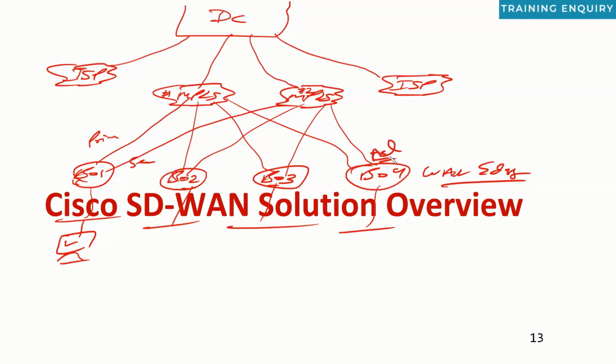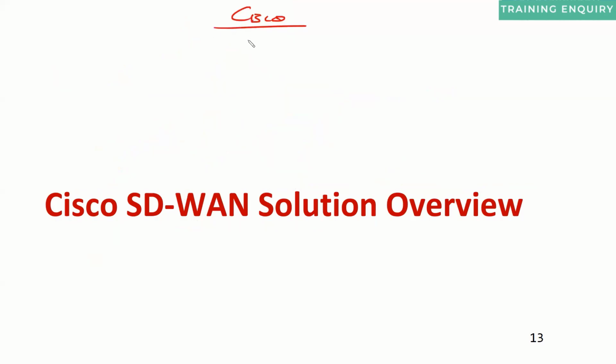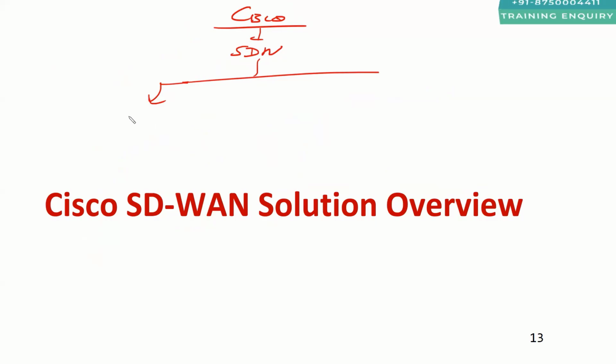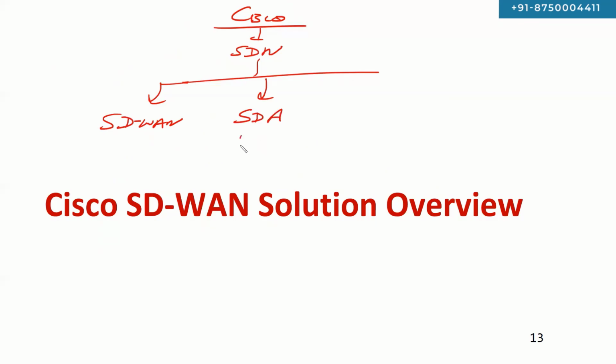All right. Now, when we talk about SDN solutions within Cisco, we have got multiple options here, right? At a higher level, in general, you have got SD-WAN. You have got SDA using DNAC.